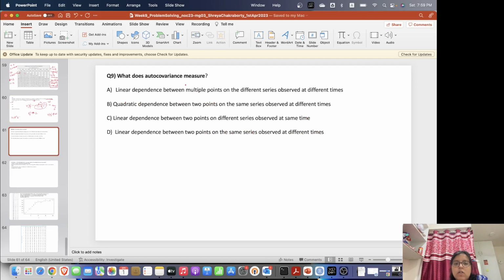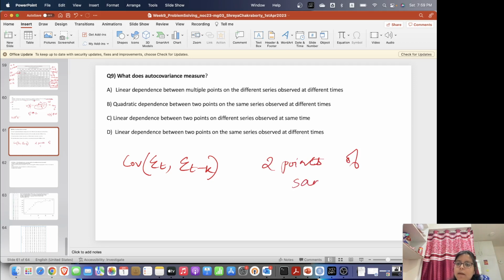So again, what does autocovariance measure? Autocovariance measures the covariance between two points of the same series.